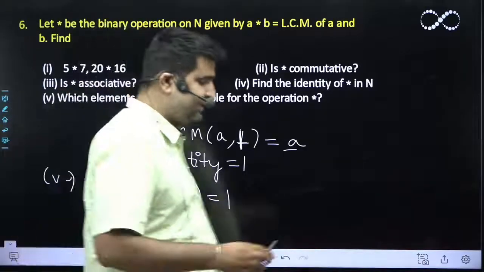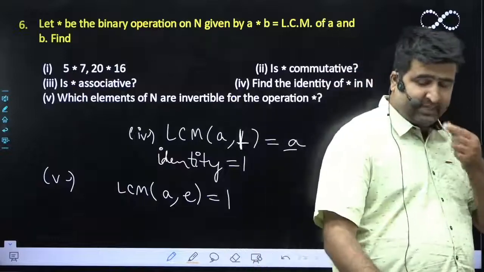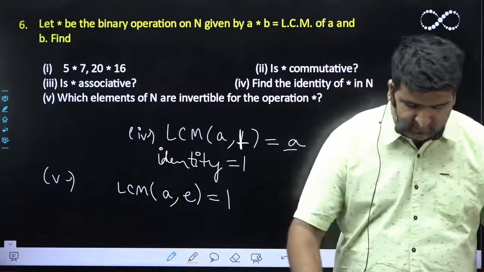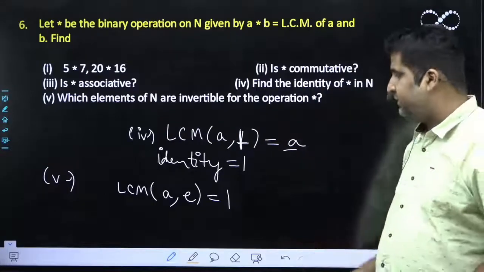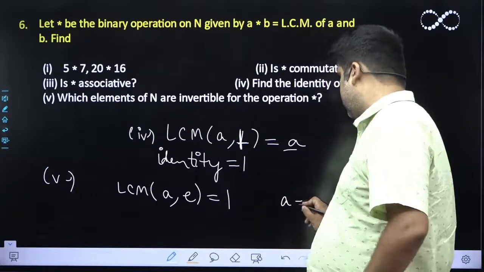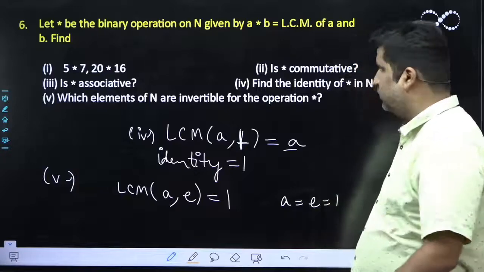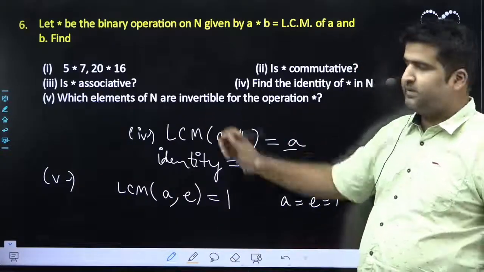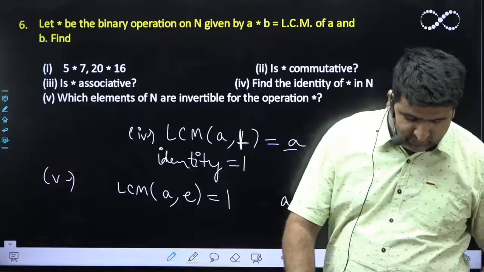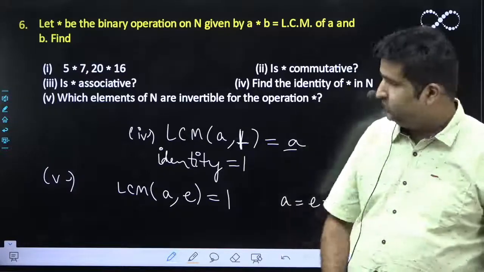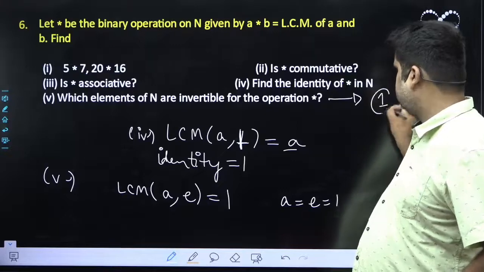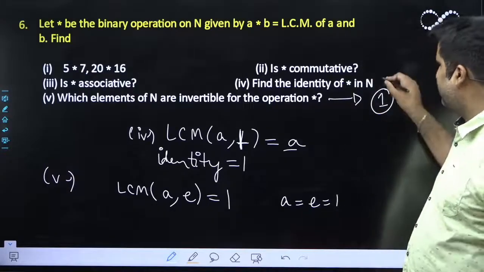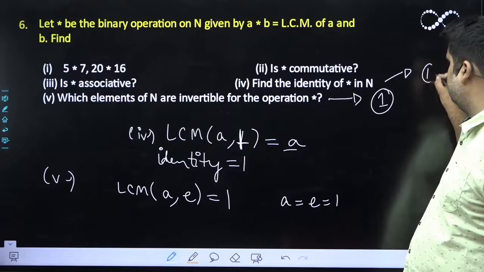So when is it true that the LCM of two numbers is equal to 1? When A and E are both equal to 1. So for which element is this true? This is only true for the element 1. And what is the identity of star? This is also 1.